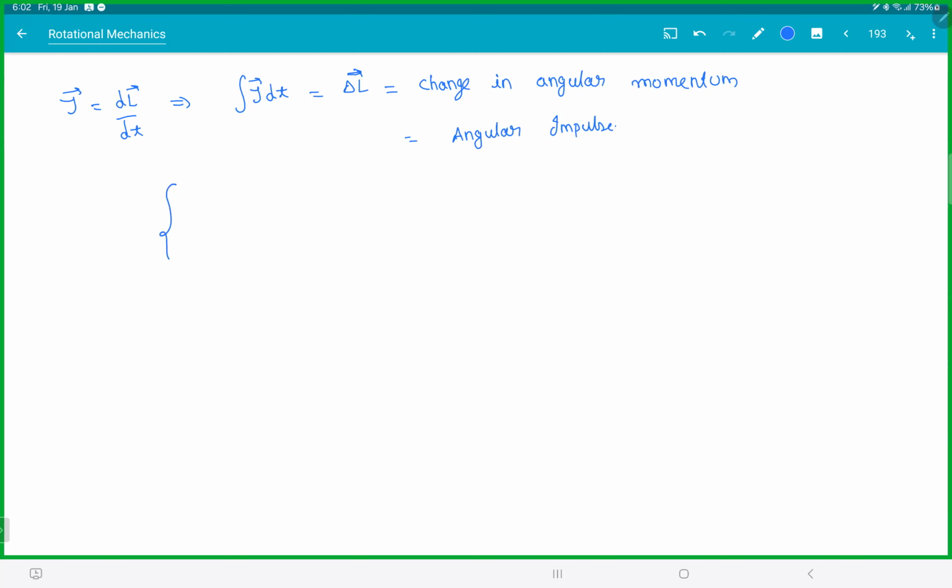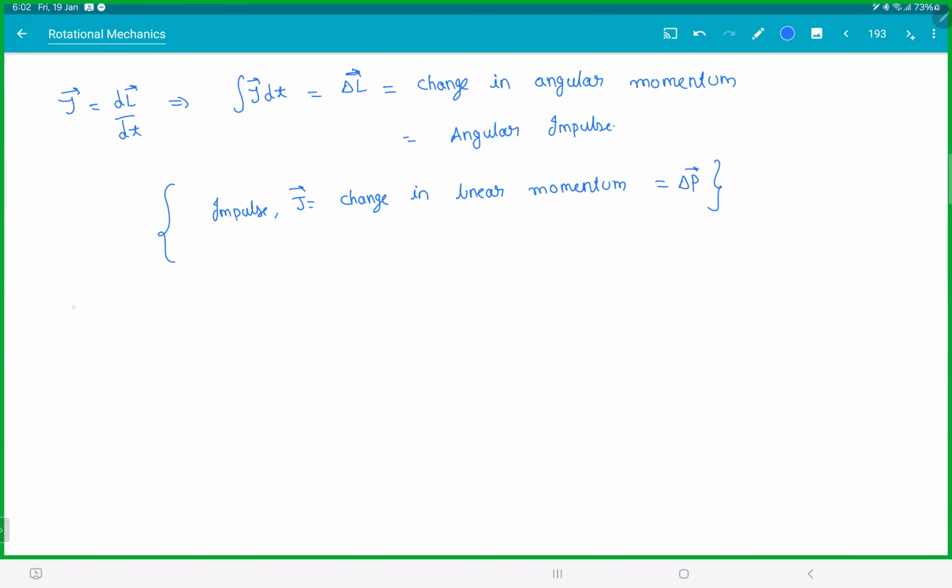If you remember, you had something called impulse, which was the change in linear momentum. So there, linear impulse is like someone kicking. Here someone is kicking in such a way that it is rotating. So that means you can write this thing for torque.